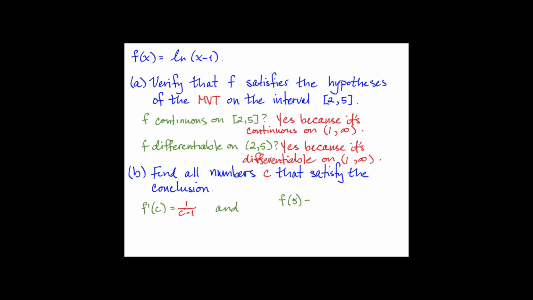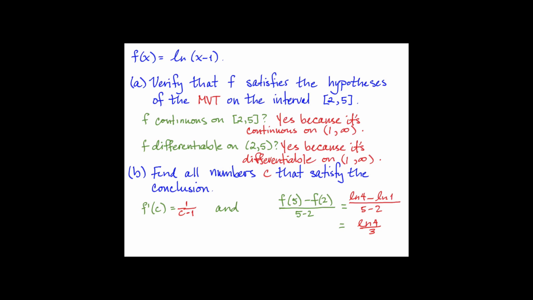So f of 5 minus f of 2 over 5 minus 2 is the slope of the secant line. So f of 5 is natural log of 5 minus 1, so natural log of 4. And f of 2 is natural log of 1, so natural log of 4 minus natural log of 1 over 5 minus 2. And so that's just natural log of 4 over 3.